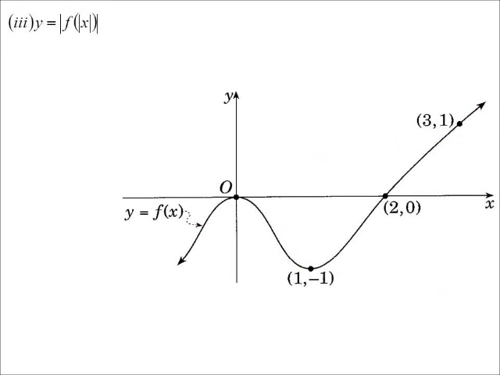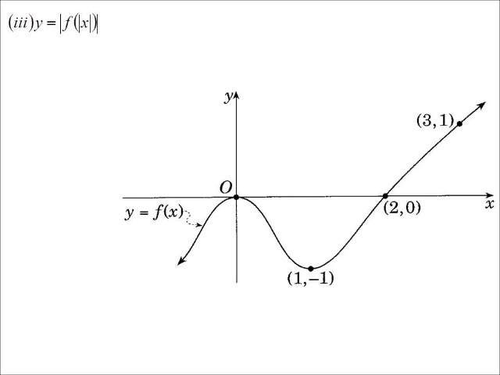Ooh, who remembers what this one does? Absolute value of function, absolute value x. So we draw a function absolute value x first. Remember, absolute values are like grouping symbols, so you always work inside out. So we do function absolute value x.